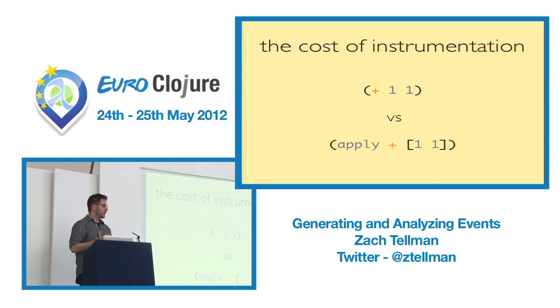So you may be wondering, what are you giving up by instrumenting your functions? And if you're not consuming the data, then the performance difference is equivalent to adding together 2 numbers and using apply to add together a list of 2 numbers, which is to say, it's not nothing, this isn't magic, but for the most part, you don't care.